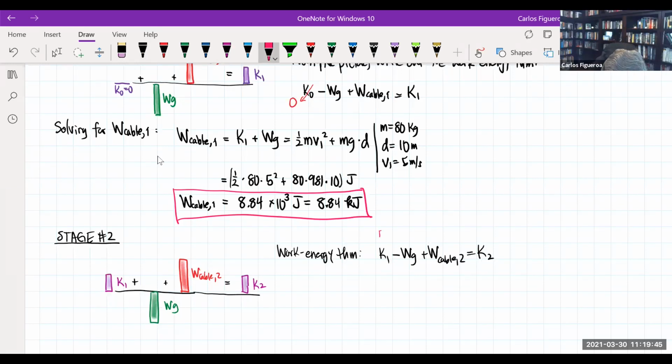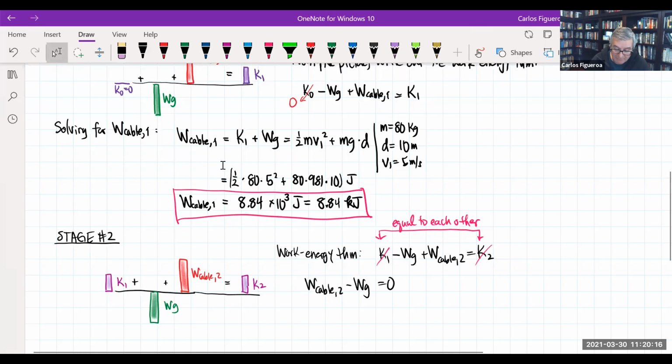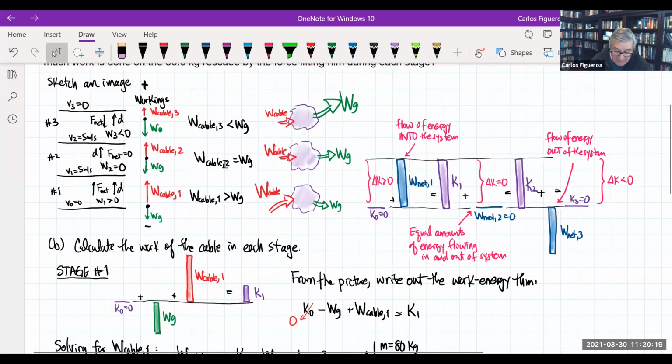But we know that these two did not change, so they're equal to each other. So I just cancel them out. If I cancel them out, what I'm really seeing here is that the work of the cable, 2, minus the work of gravity is 0. What a surprise. We knew that had to be the case.